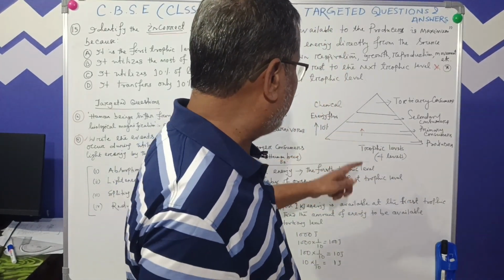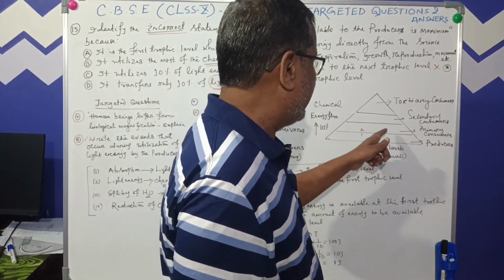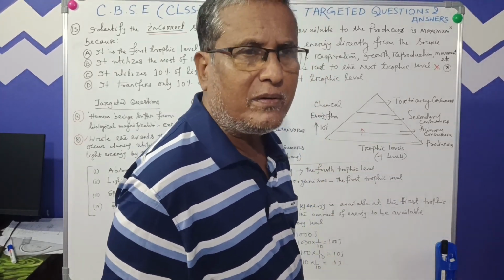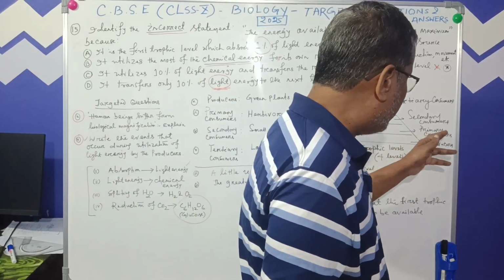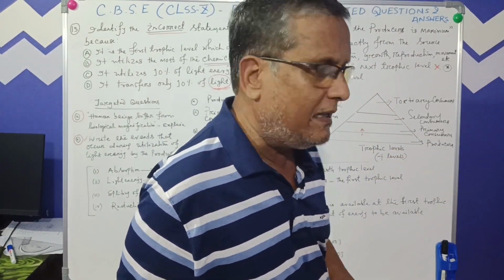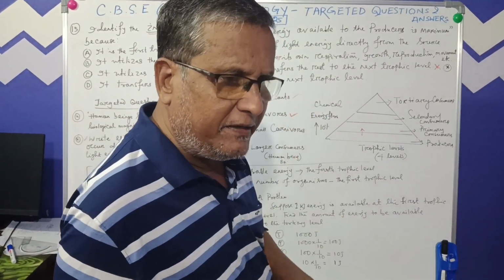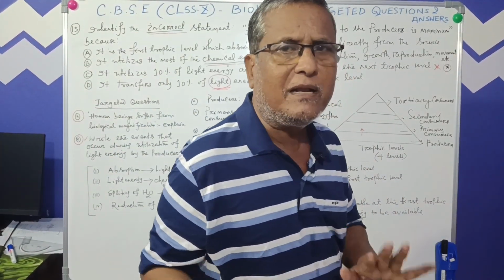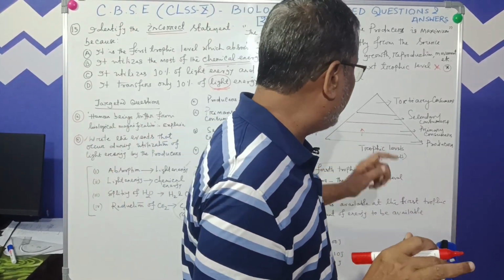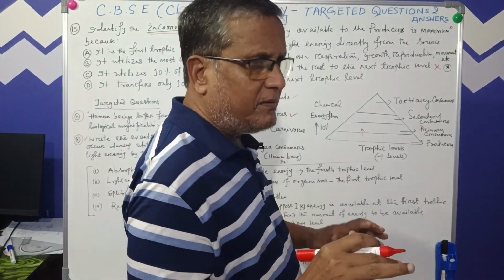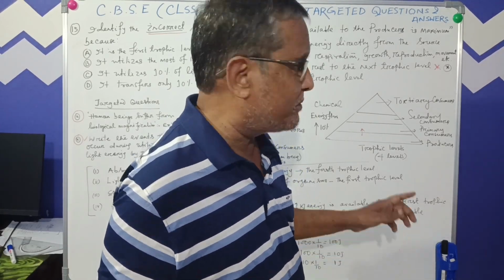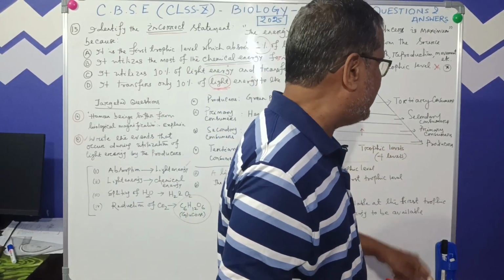So the next movement, the second trophic level, is called primary consumers. They are generally herbivores. They eat green plants and leaves, usually herbs. They are called primary consumers.